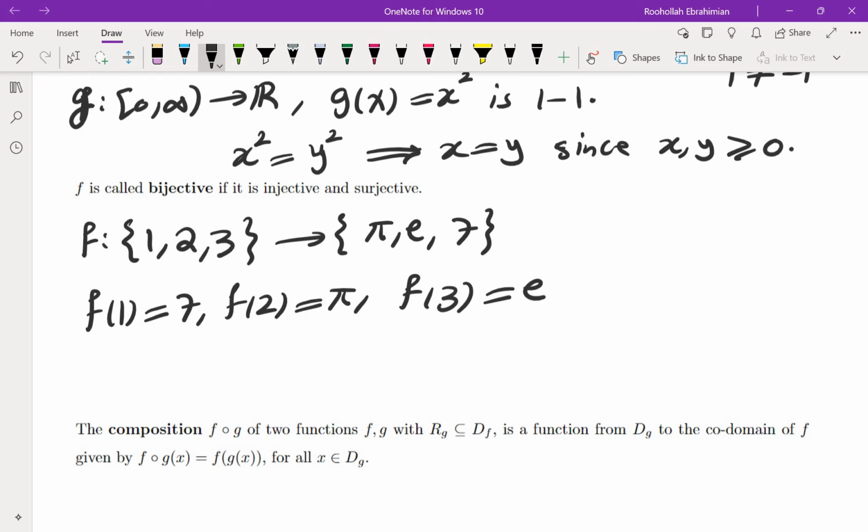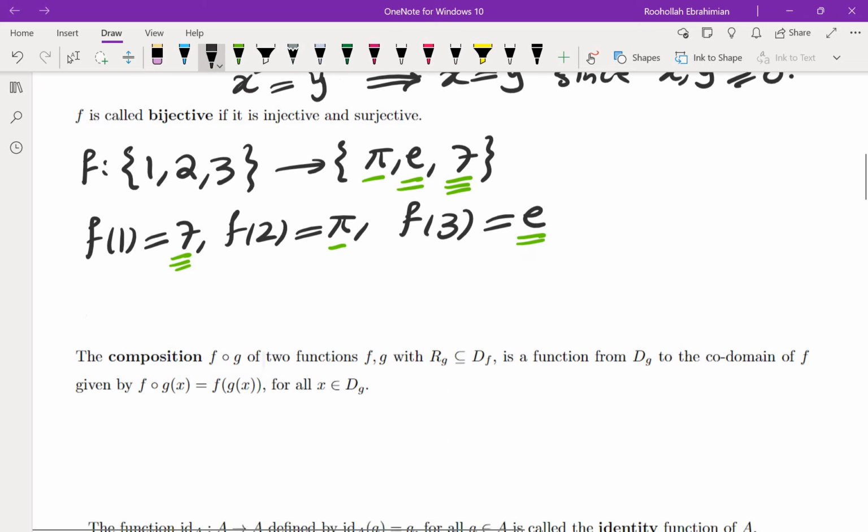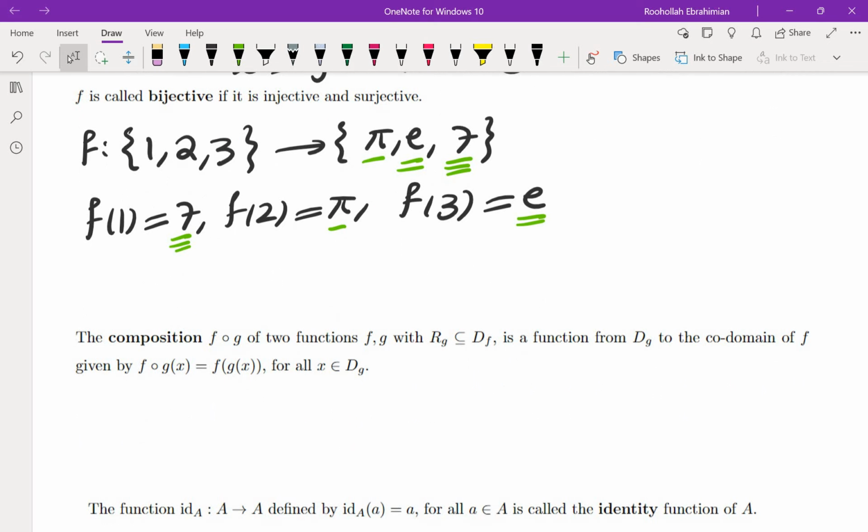It is also surjective, or onto, because pi is f(2), e is f(3), and 7 is f(1). So it is also onto. So this function is in fact a bijection. It is bijective.